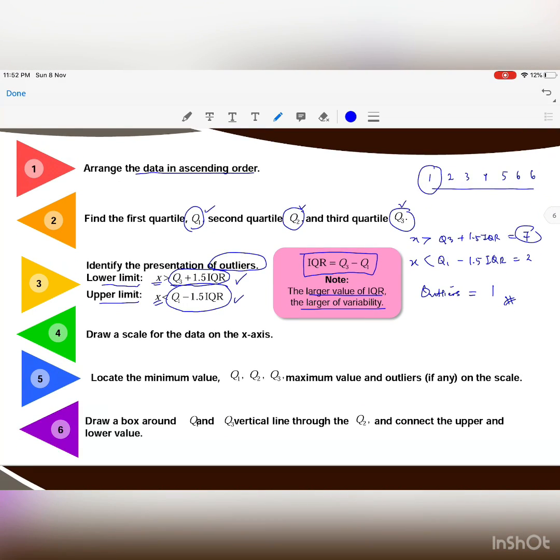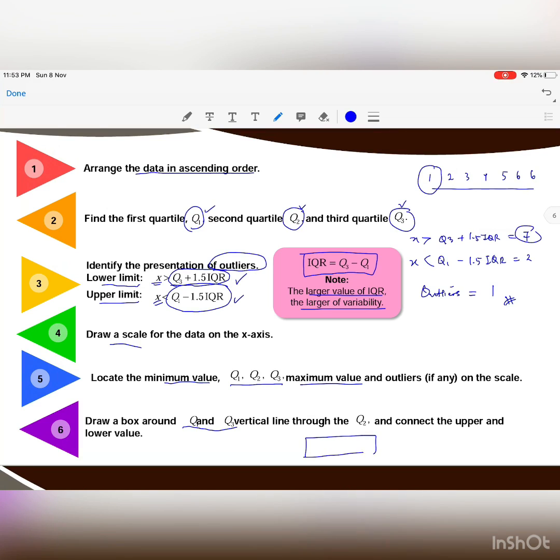Then you need to draw a scale. Before we draw the box plot, we must have a scale. Then put the minimum value, the maximum value, Q1, Q2 and Q3. Draw a box around Q1 and Q3.